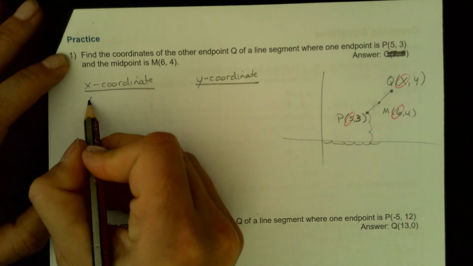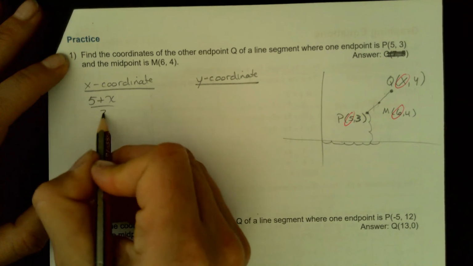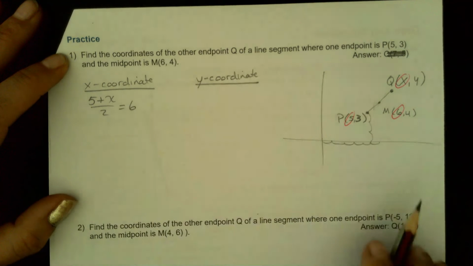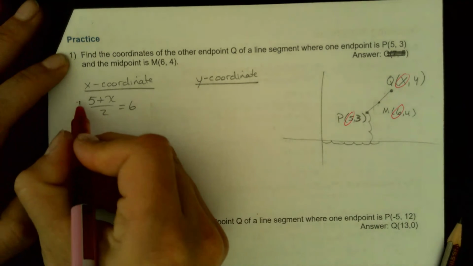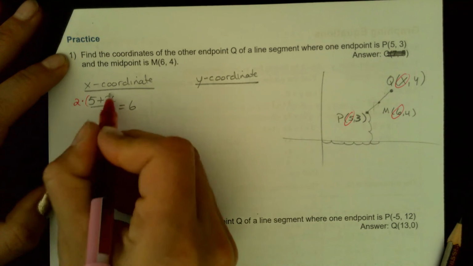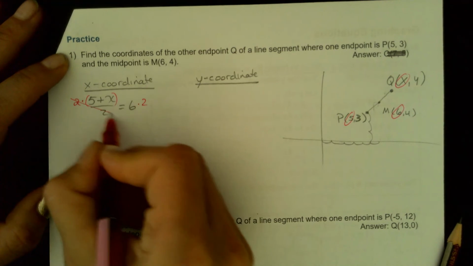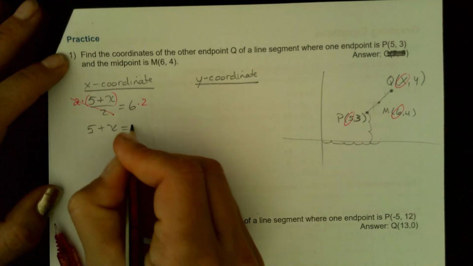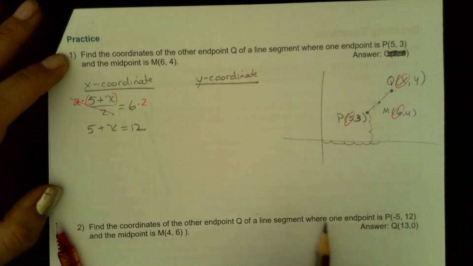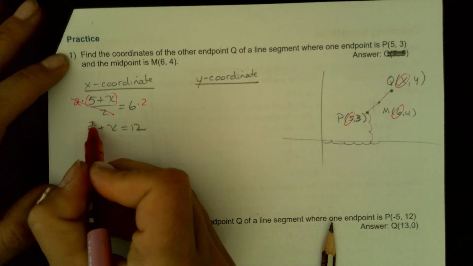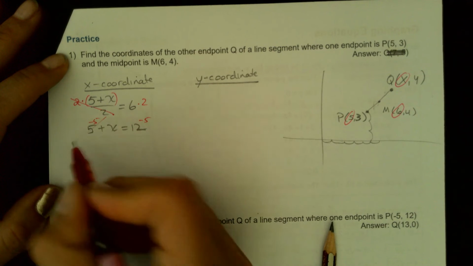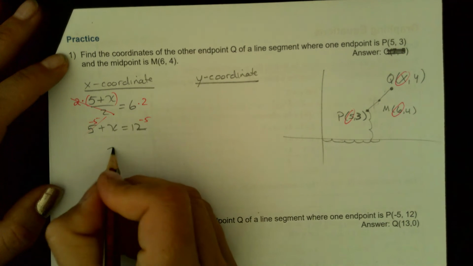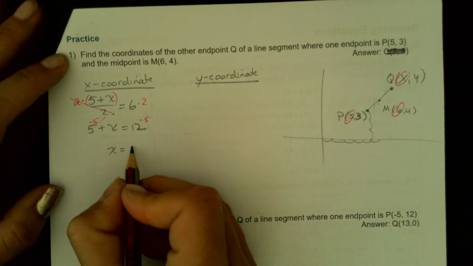I find the average: 5 plus x over 2 is equal to 6. Now I solve it, times 2 on both sides. The 2 is gone because it's 1. So 5 plus x equals 12. I have to get rid of the 5 because x wants to be alone. So x equals 7.